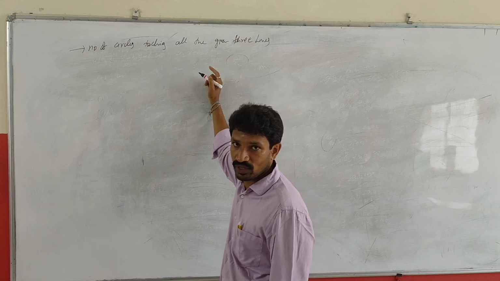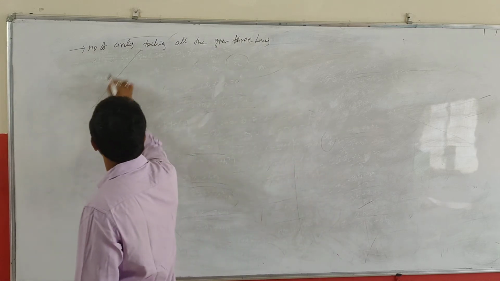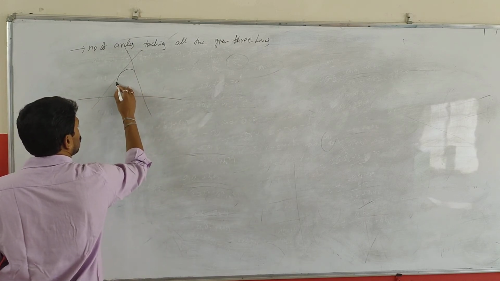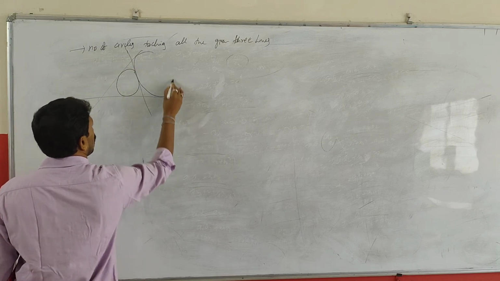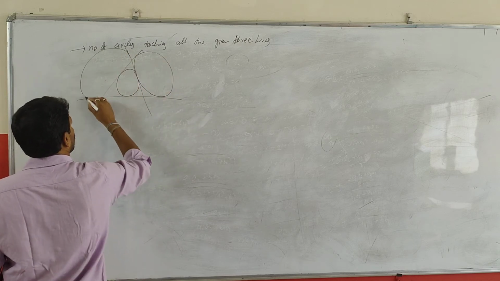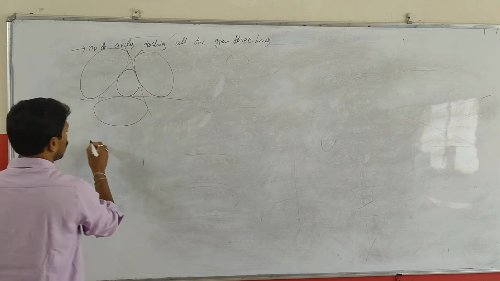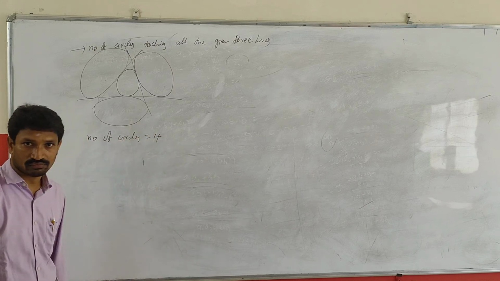How many you can draw depends upon the nature of the lines. Suppose the lines are in this form. How many circles can we draw? This is the incircle, an excircle, one more excircle, and one more circle. So the number of circles is equal to 4.